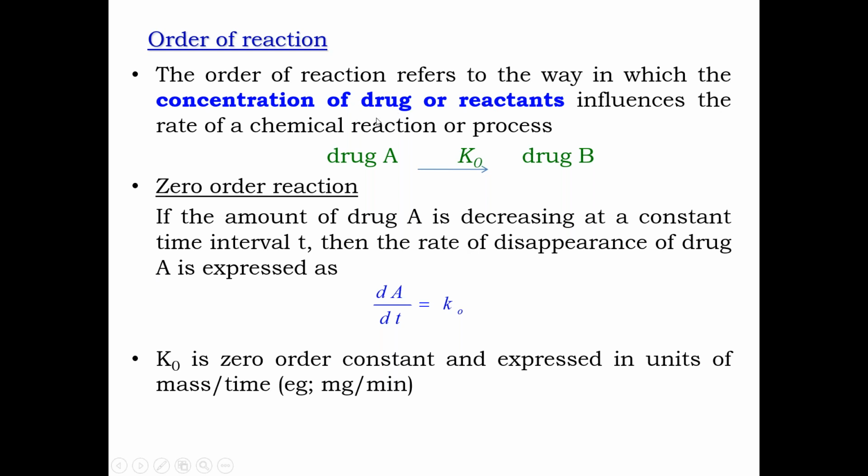It is the way in which the concentration of the drug or reactant influences the rate of the chemical reaction, that is, how dA by dt gets influenced by the initial amount of A. In zero order, the rate of change of drug A with respect to time interval is independent of the initial amount of A. That's the reason we write the differential equation as equal to K naught, where K naught is the zero order constant.